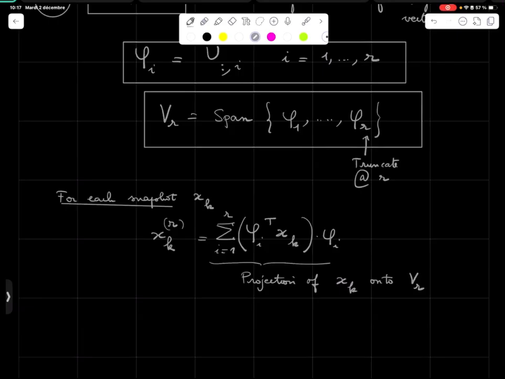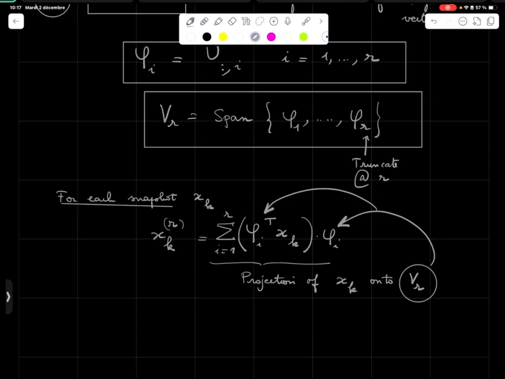Why? Because V_r is made of these basis vectors, phi_i, and you're simply computing the sum of the projections of x_k on these basis vectors.